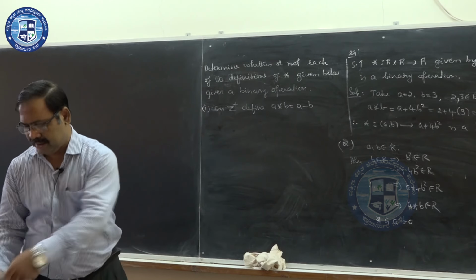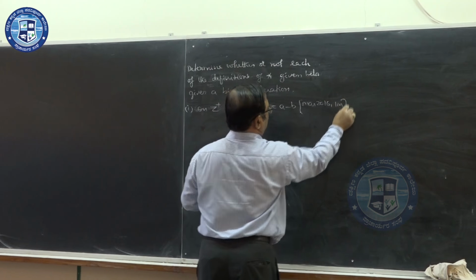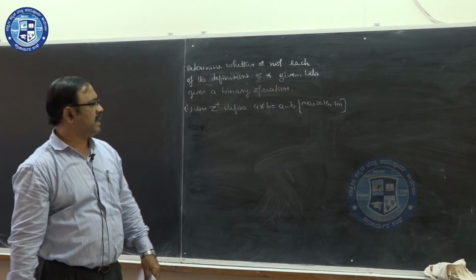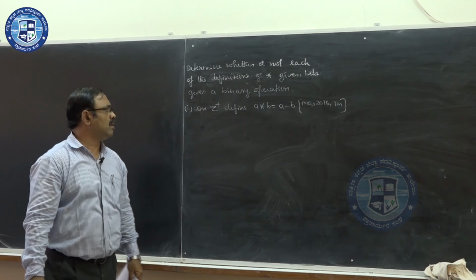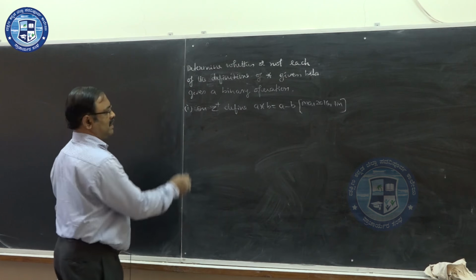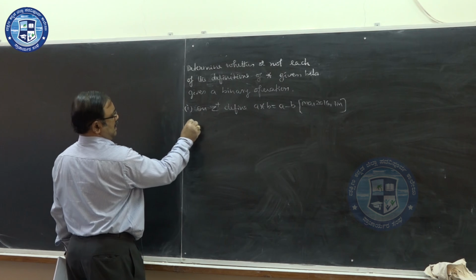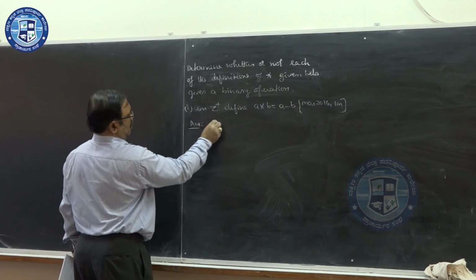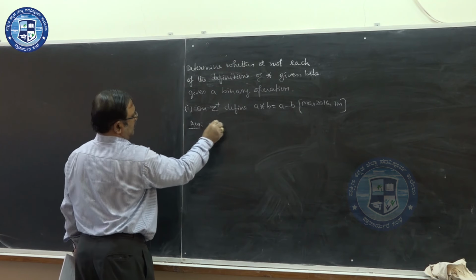It was asked in March 2016. A star B equal to A minus B. Is it a binary operation? So, what is given? A star B equal to A minus B for all A, B belonging to Z plus. Just justify it with the help of some example.